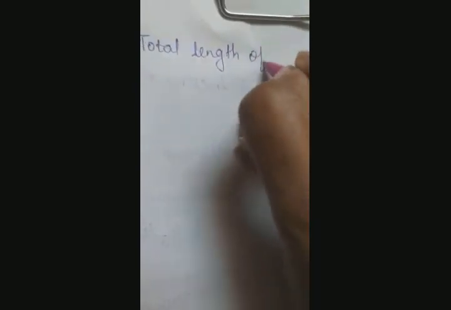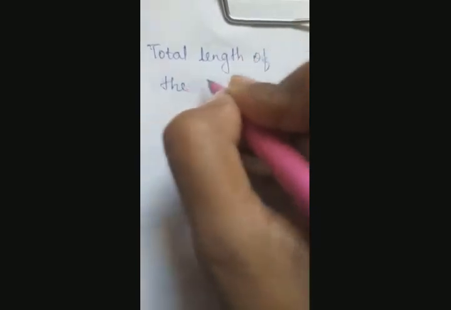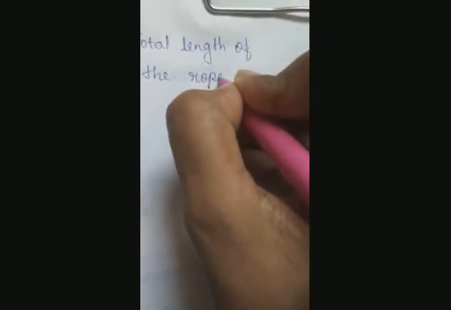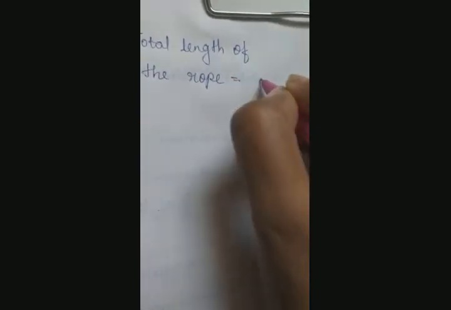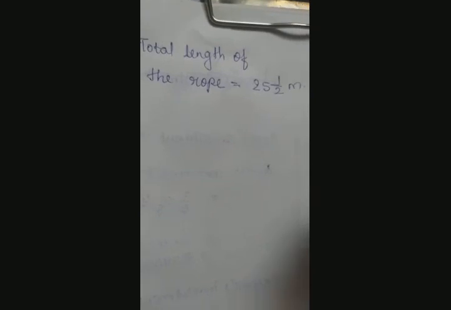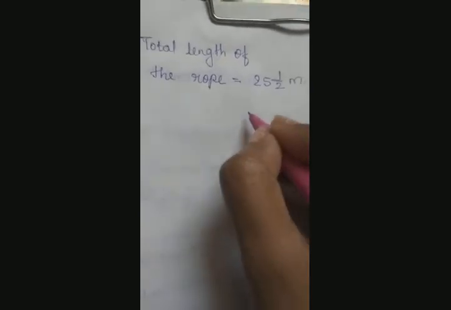So the next is, we'll solve. Total length of the rope is equal to 25 1 by 2 meter. So this is the total length of a rope, 25 1 by 2.